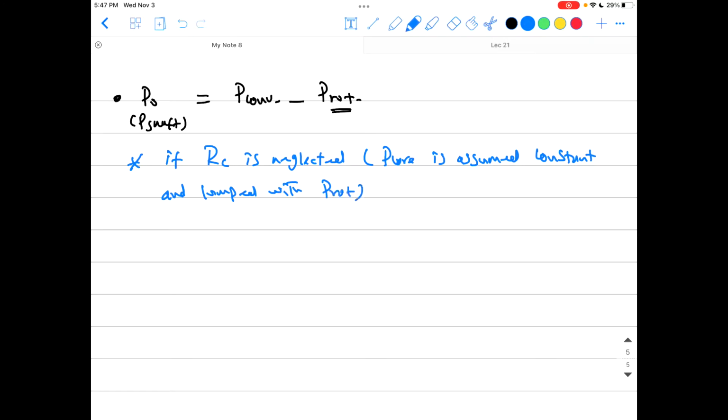And if you want to calculate the P output, it will be P converted minus the constant, we call it P constant, which is the P core and P rotational added together. Okay, guys?